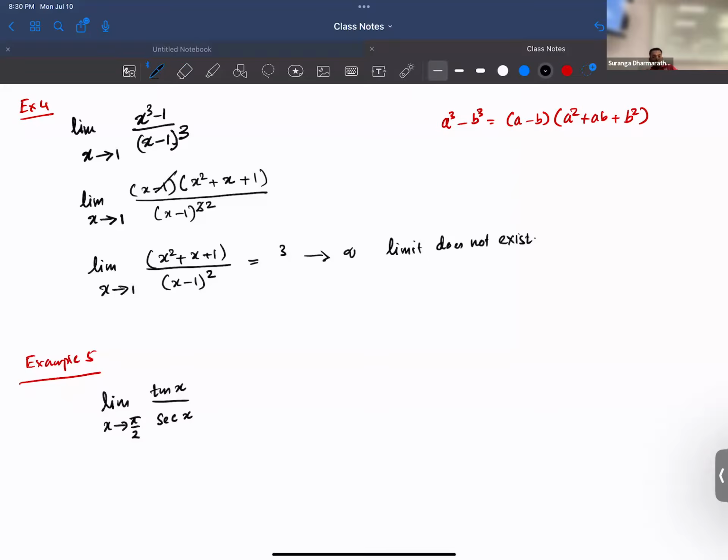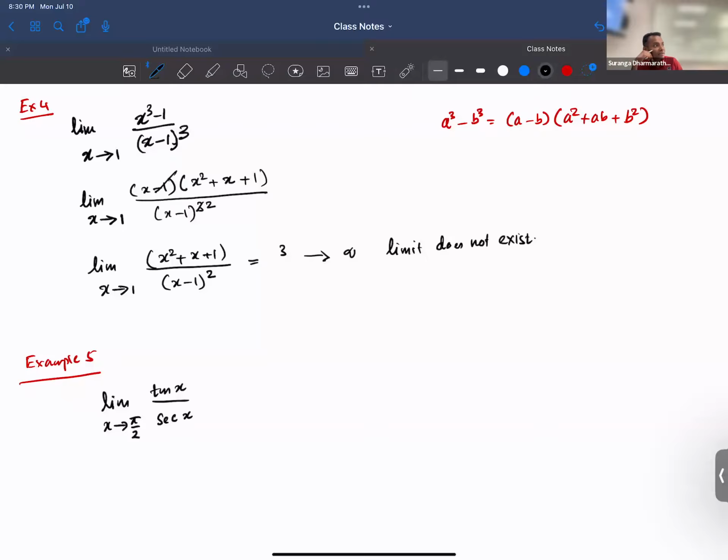Okay, so think about these two functions. So what happens? Tangent x goes to pi over 2. We talked about it, right? 1 over 0. That means it goes to infinity, right?